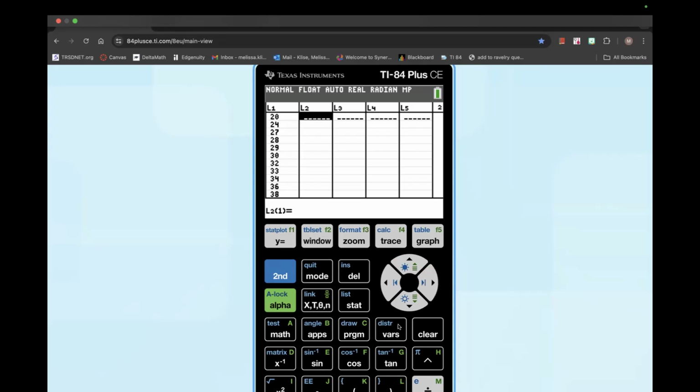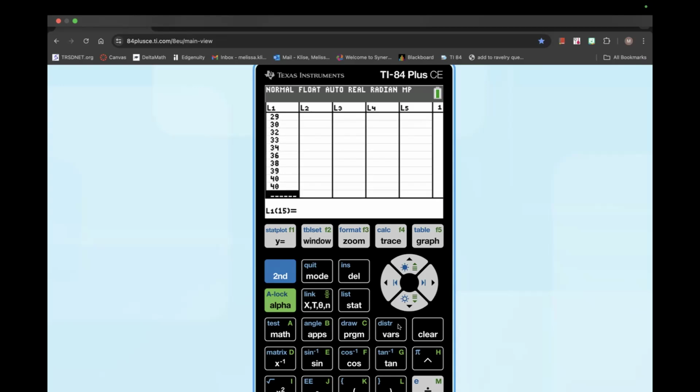No, just at the bottom where it says L1. Oh, so you're not hitting enter between them. If I highlight L1, it's going to show them. Oh, gotcha. Okay. Yeah, thank you. You're welcome. It took me a second.